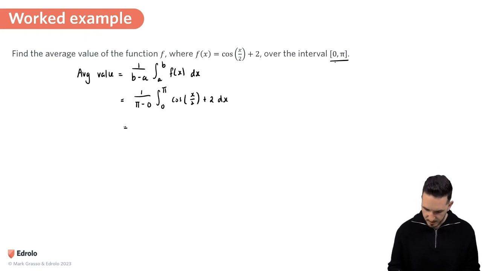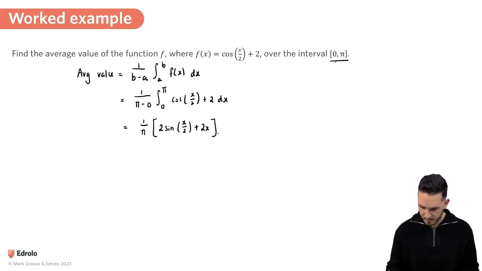Now this would become 1 on pi times 1 over 2, so it becomes 2 sine of x on 2 plus 2x, again between 0 and pi.